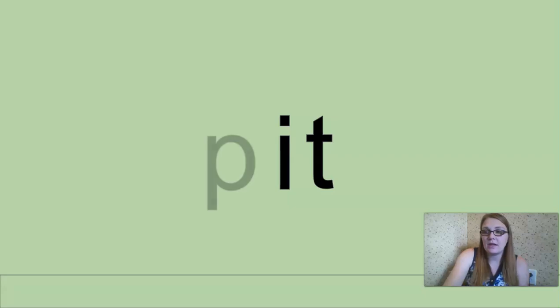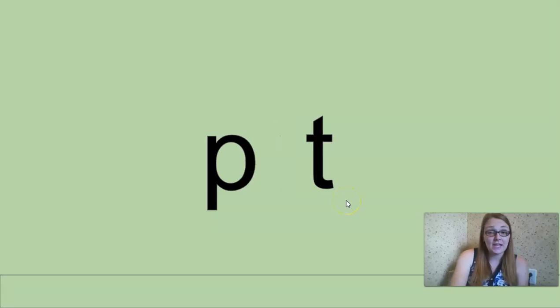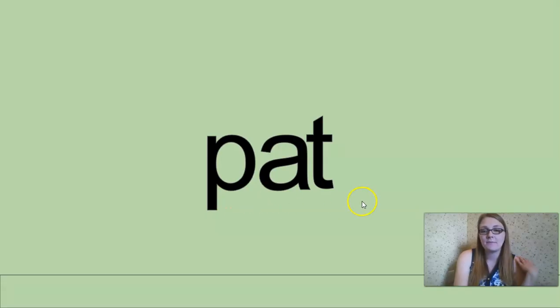Taking off the B, we're going to add in a P. Let's sound it out. P, I, t. Pit. Good job. Now we're taking away the I and adding in an A. Pat.